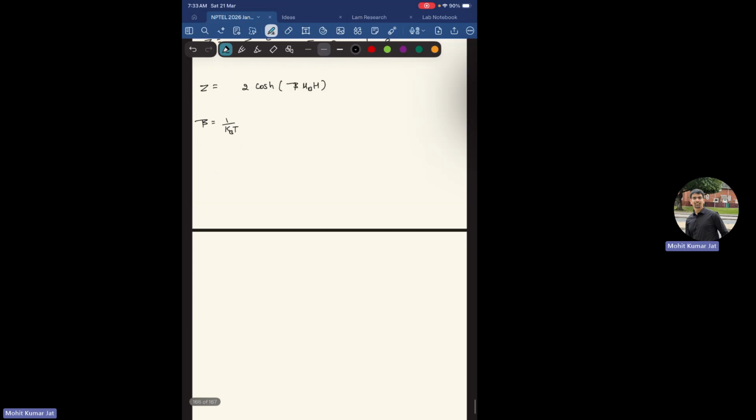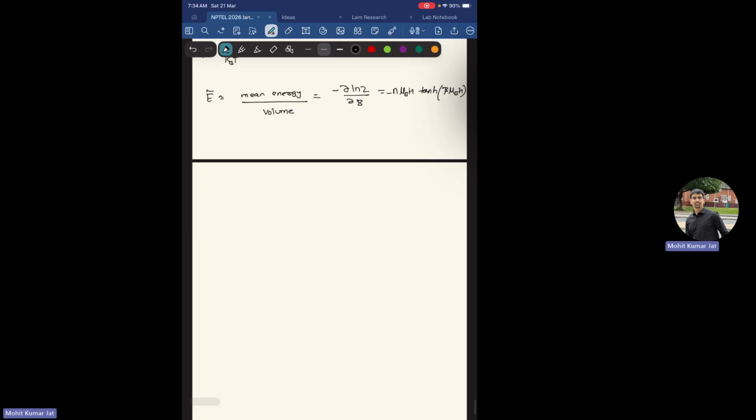Now if you have to estimate the heat capacity, first we have to estimate the mean energy. So the mean energy per unit volume will be minus del ln Z by del beta, right? If you take the derivative of it, you will get minus N mu B H tanh of beta mu B H. Now you have this energy per unit volume.